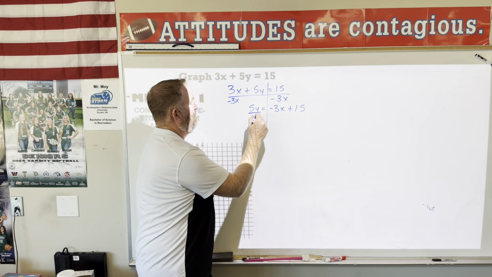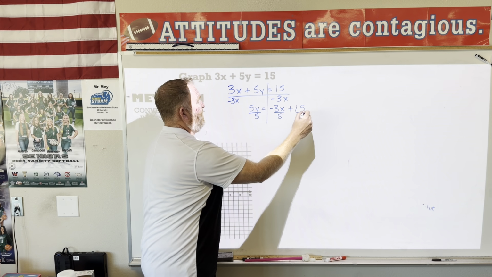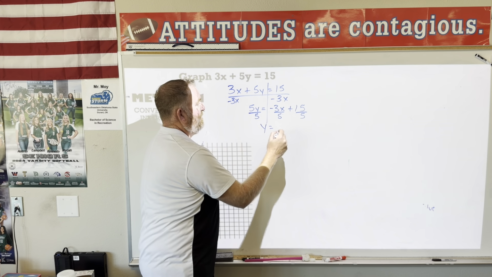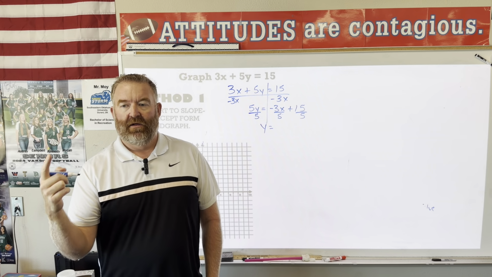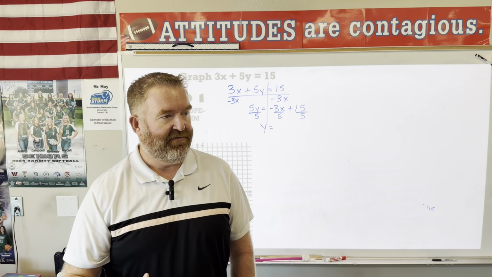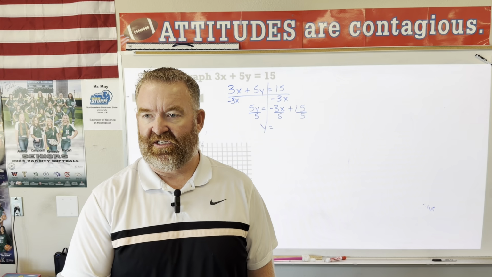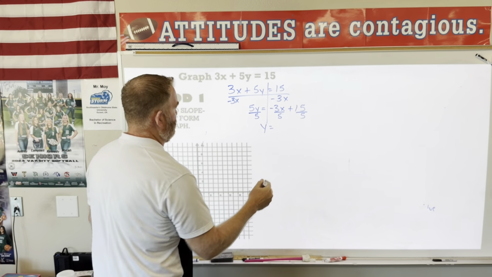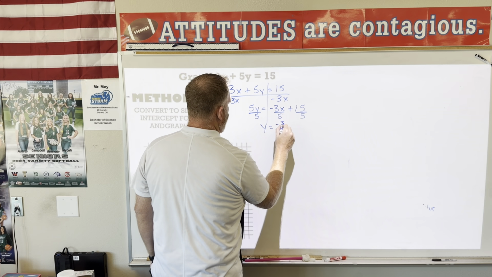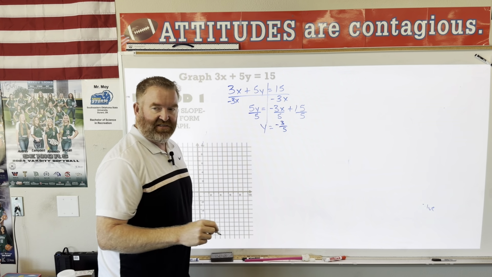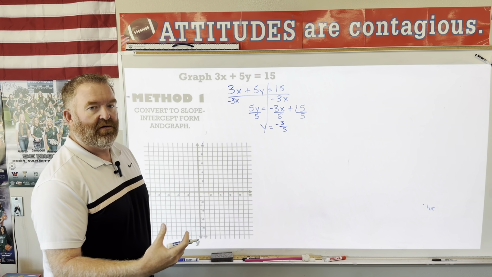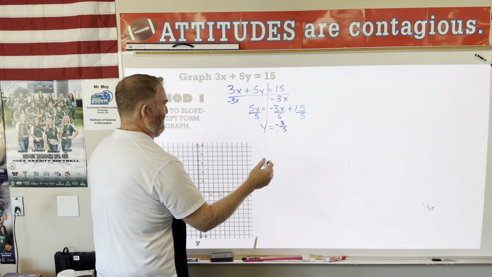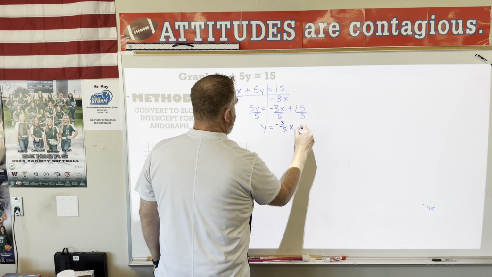Divide by 5. Y equals negative 3 over 5. Do I change it to 0.6? No, I do not. Just leave it as that. Is negative 3/5 simplified? Yes, it is. Negative 3/5 x and then plus 3.